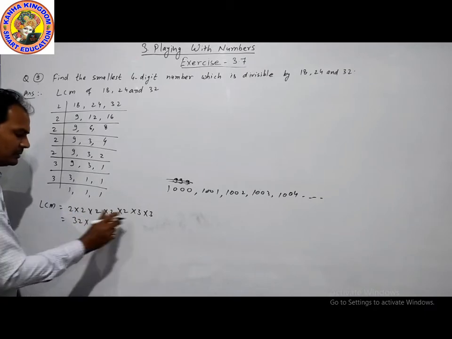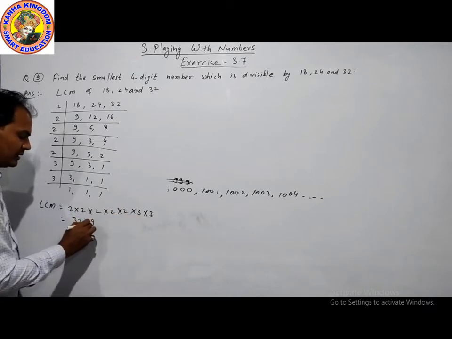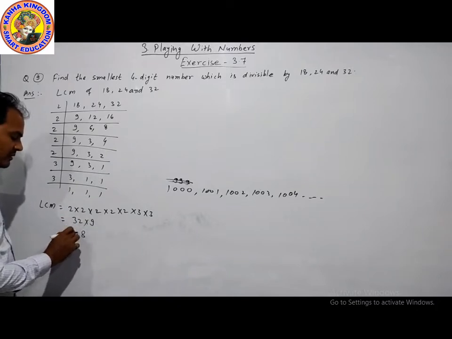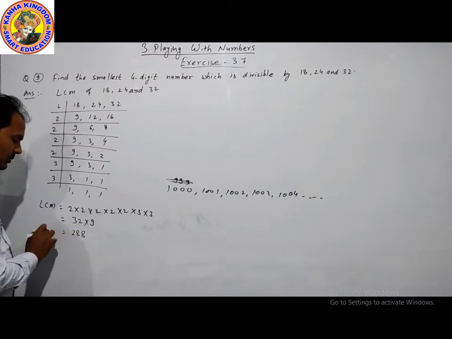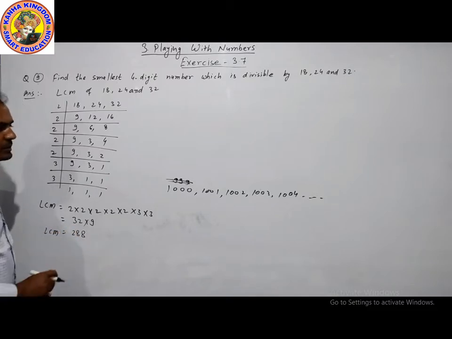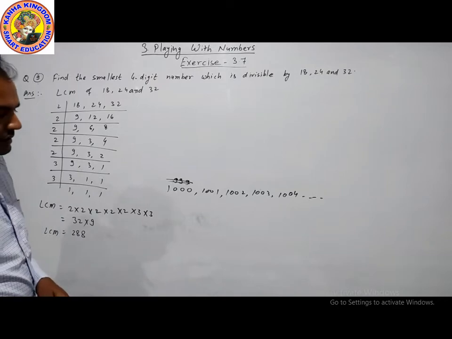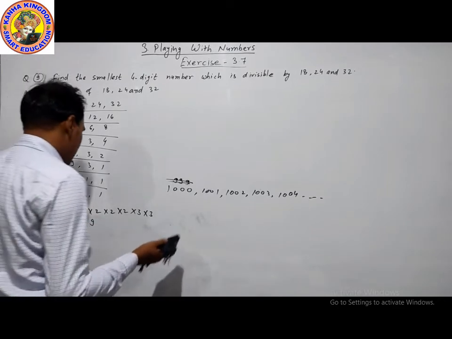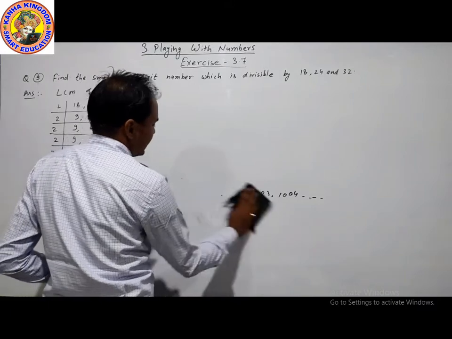This is over, 32. 3 into 3 is 9. 9 times 2 is 18. 9 times 3 is 27 plus 1, 28. So the LCM is 288. Now we will try to divide this number by 288.